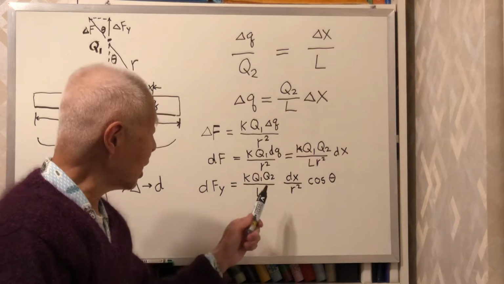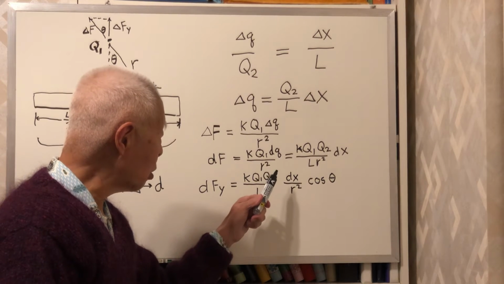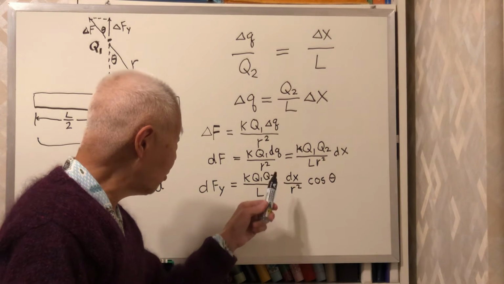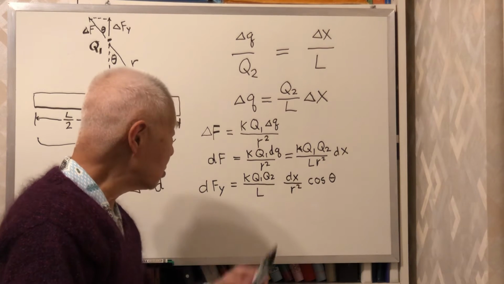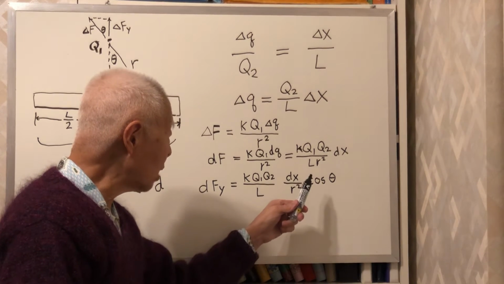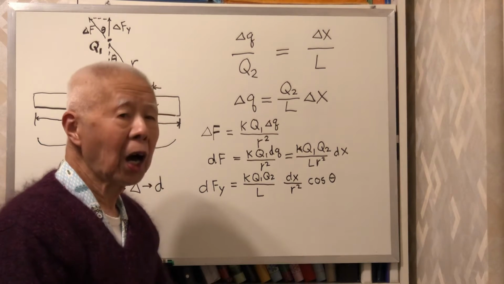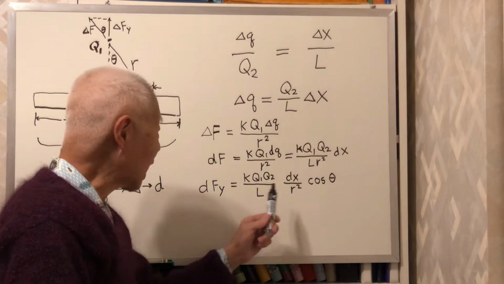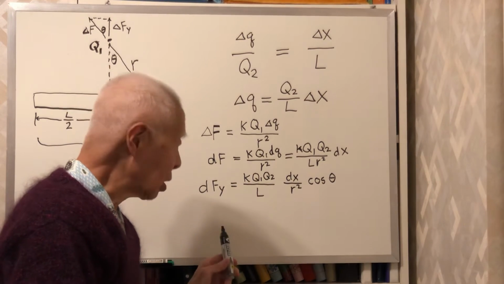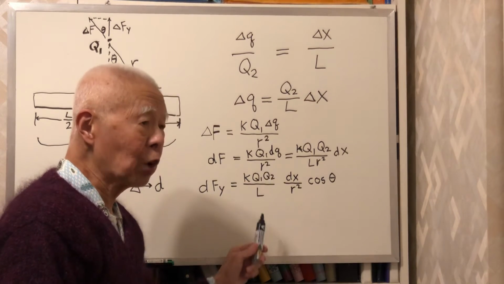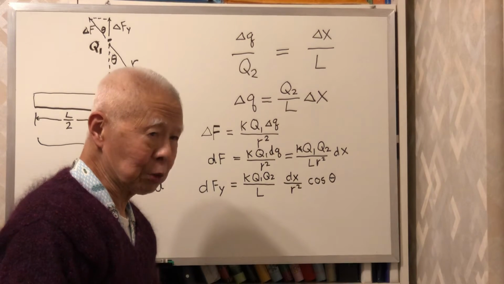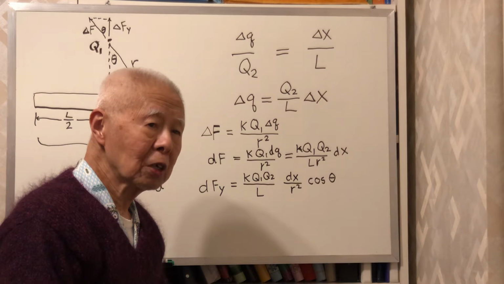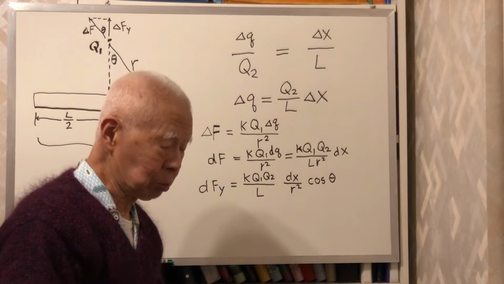Now you see I have variable x, variable y, variable r, and variable theta. The next step should be integration, but I cannot integrate over three variables. So I need to change the three variables to only one variable.